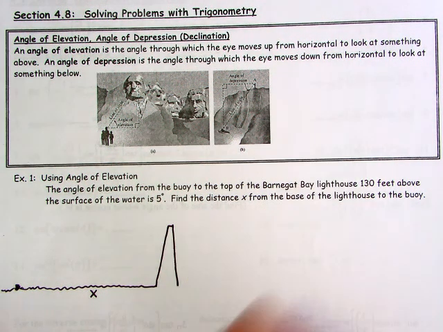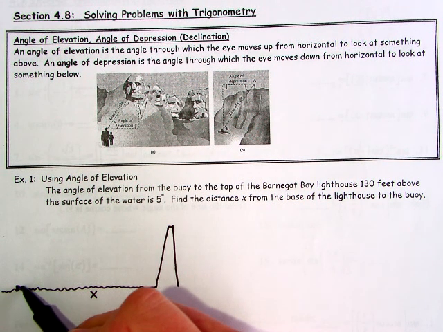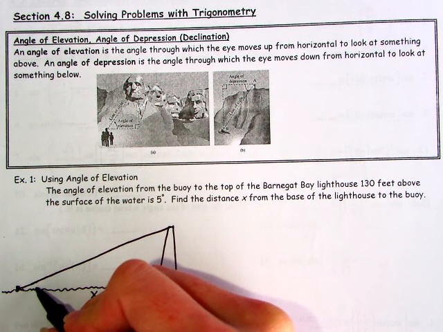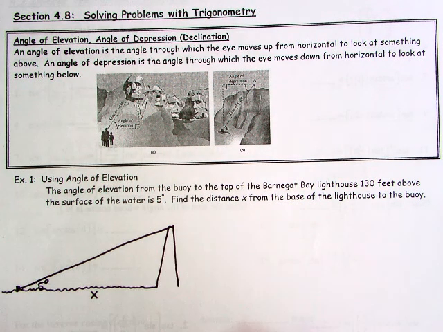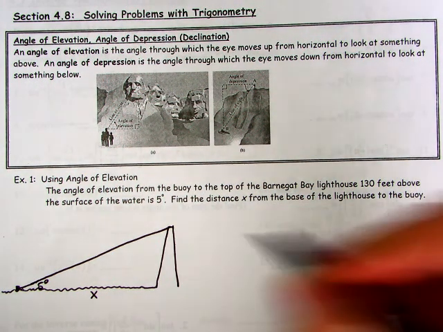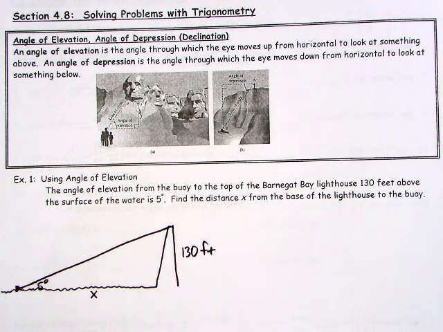What we're told is that if we look up from the buoy to the top of the lighthouse, we would have to look up at an angle of 5 degrees. If that's the case, and we know the height of this lighthouse is 130 feet, because we're told that the top of the lighthouse is 130 feet above the surface of the water, the question is, how far away is this lighthouse?